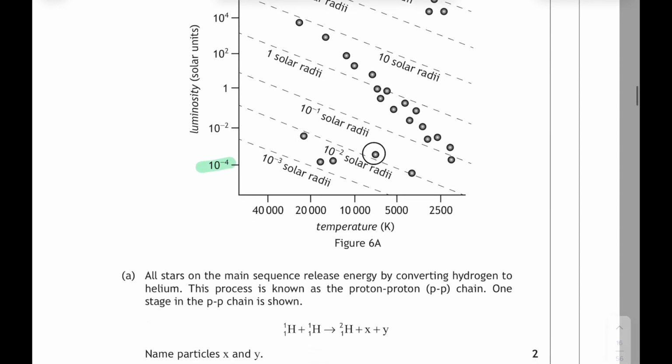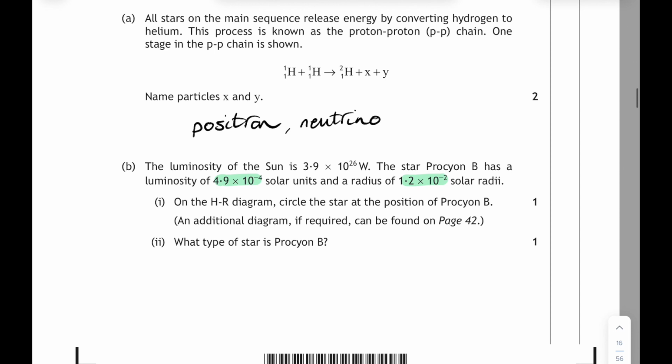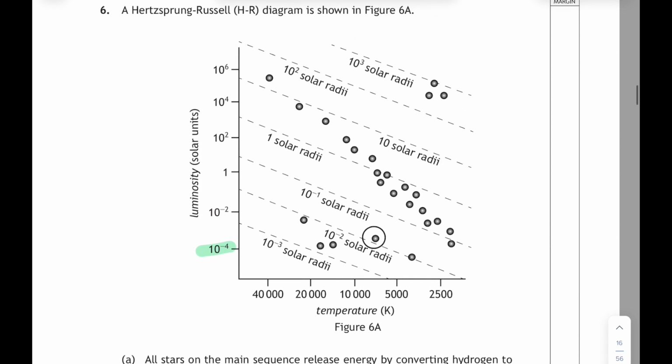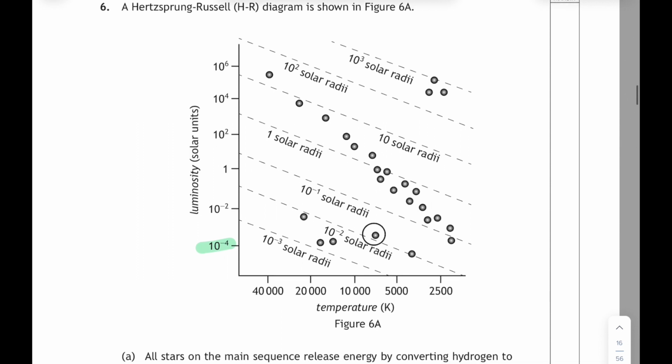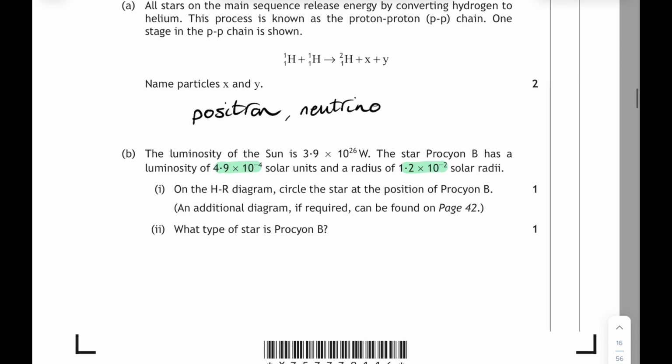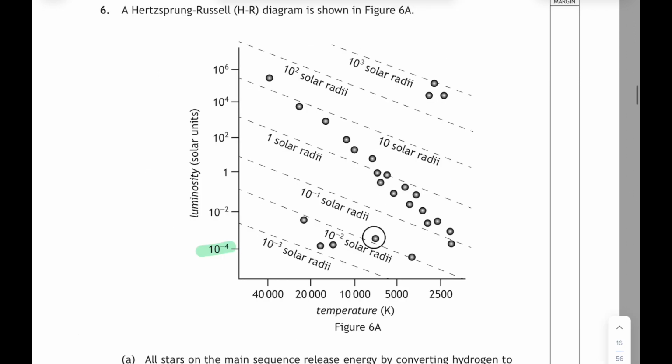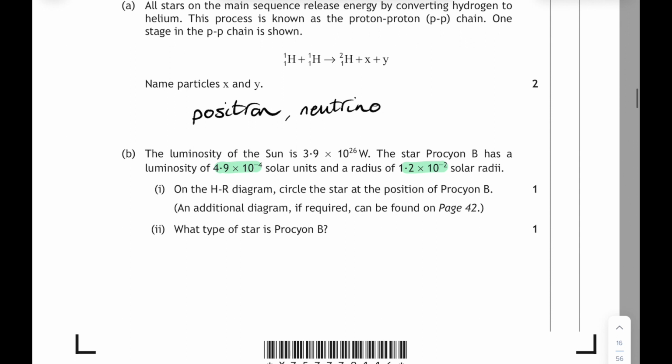If we look at the numbers again, so 1.2 times 10 to the minus 2. So it's just above the 10 to the minus 2 dotted line. And it was 4.9 times 10 to the minus 4. So it's just above the 10 to the minus 4 luminosity. That's pretty tricky. And B part 2, what type of star is Procyon B?